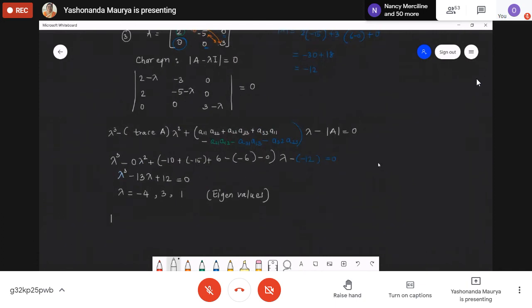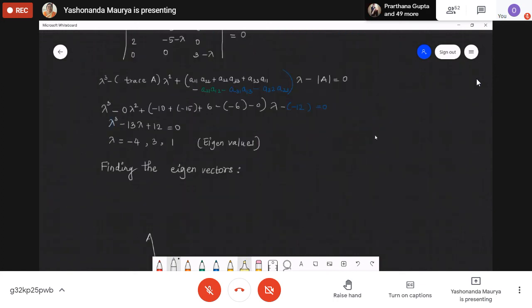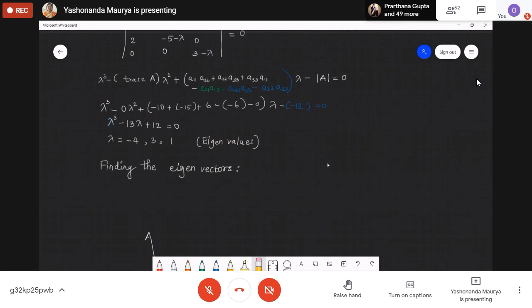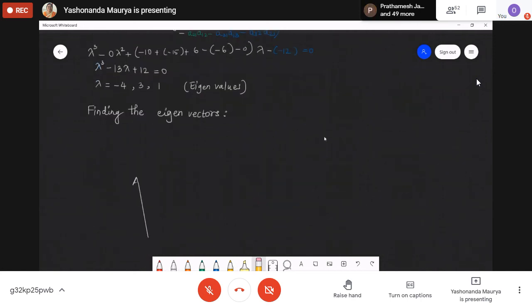So next is finding the eigenvectors. Okay, and how do we find the eigenvectors? You have to solve A minus lambda I, this matrix multiplied by x equal to 0, the homogeneous system.